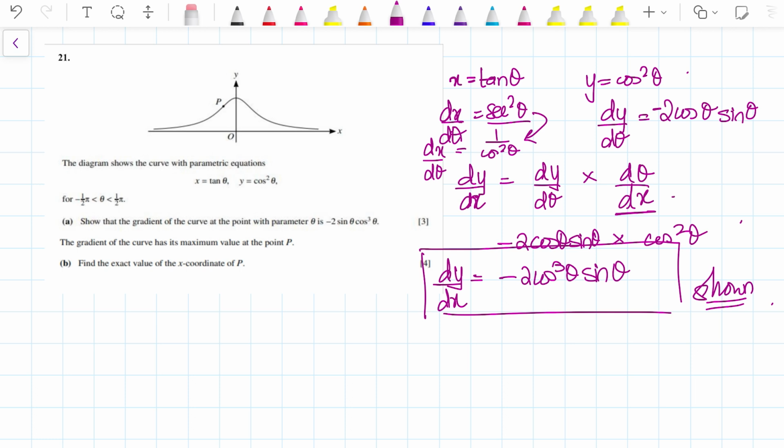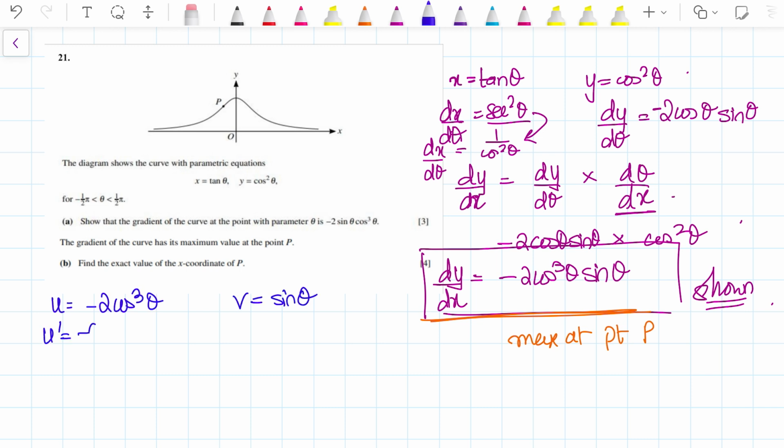Gradient of the curve has its maximum value at the point P. The gradient has max at point P. Meaning differentiate the gradient again. U is minus 2 cos cube theta. V is sine theta. U bar is bring the power down, subtract 1 from the power, multiply with the differential of the trigonometric function.